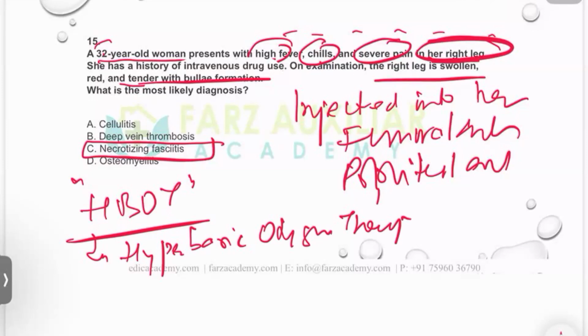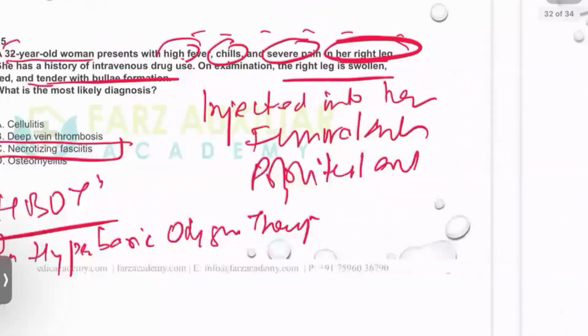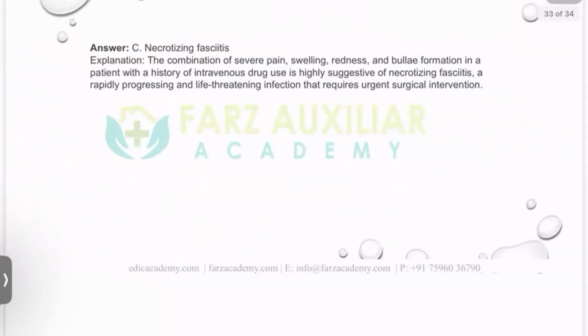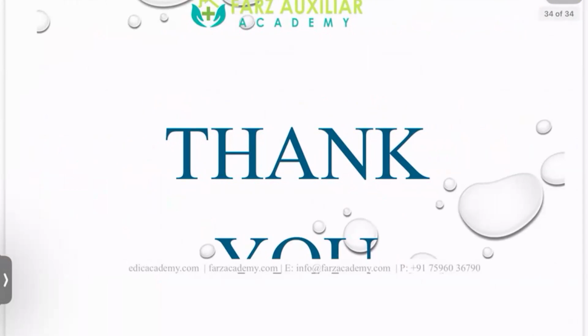That is very important. Hyperbaric oxygen therapy is for type 2, yes, I agree. But whenever there are chances, even in type 1, that the patient is going to need an amputation, you can add on hyperbaric oxygen therapy to the patient. Okay? Thank you.